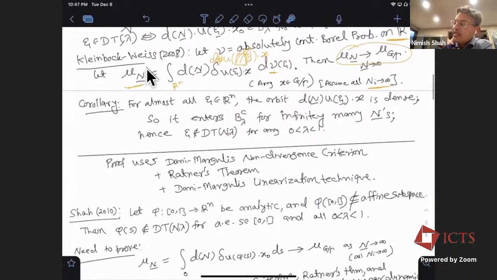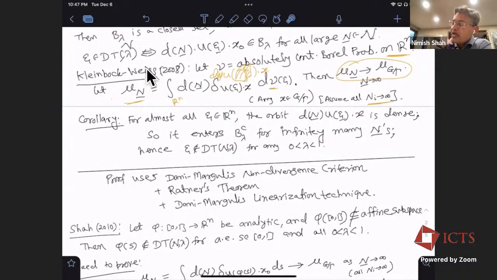Once you prove such a result, it tells you that for almost all C, if you look at the orbit, d times script N, so d times n bar, and you look at n in script N, you look at this orbit, that means you take infinitely many of these n's, then this orbit is dense in G mod gamma.